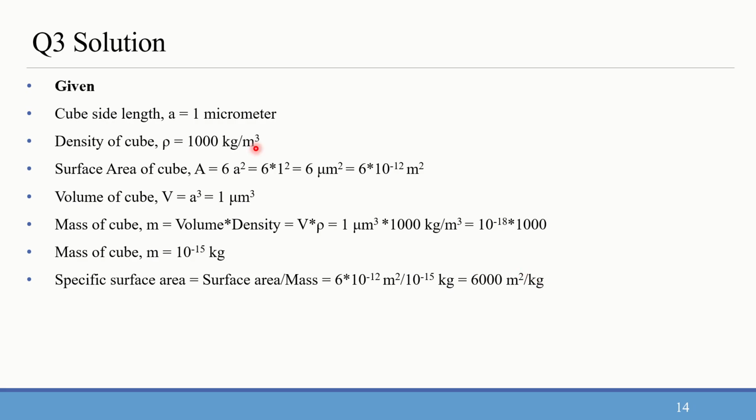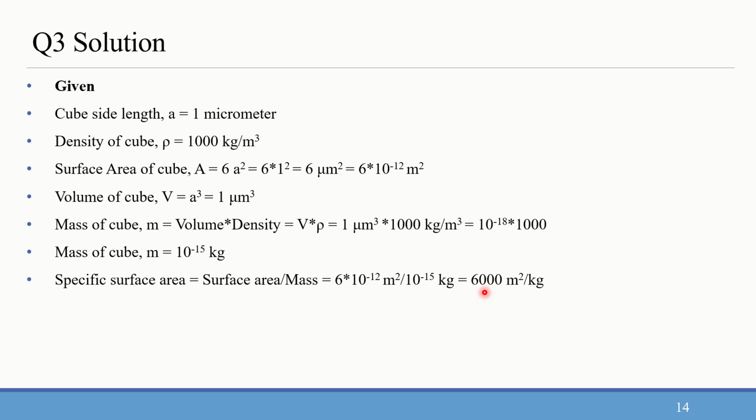So if we have 1 micrometer cube shaped particles whose density is 1000 kg per meter cube, our specific surface area will be 6000 meters square. Imagine 1 kg of the particles contained in a small space, but its surface area has now increased to 6000 meters square. Why? Because its size is very small.